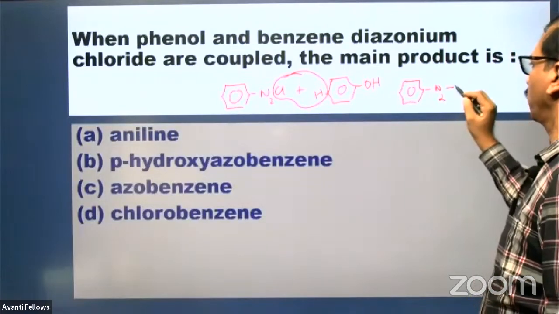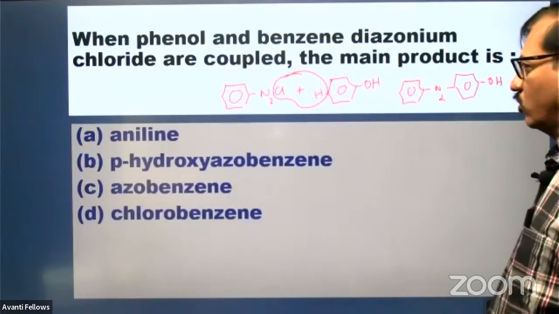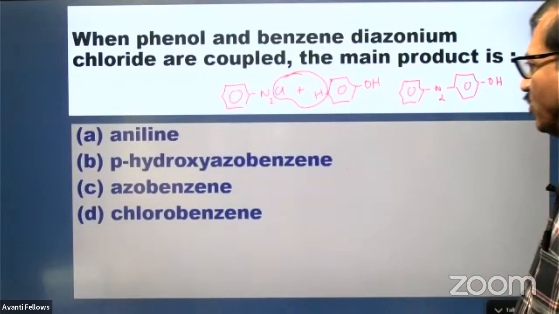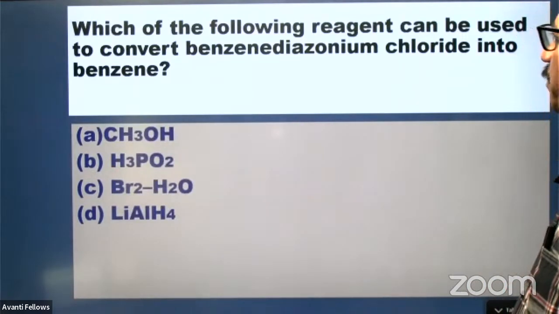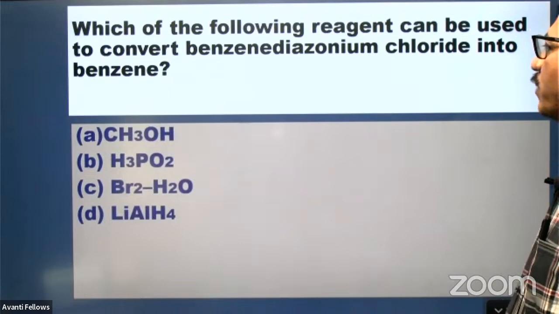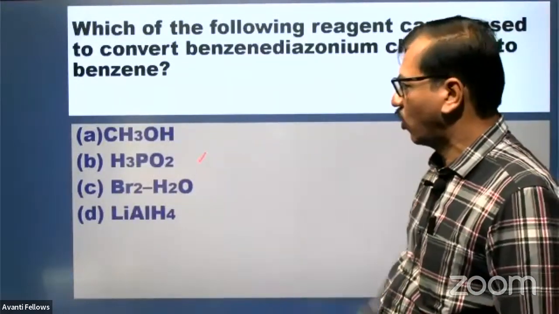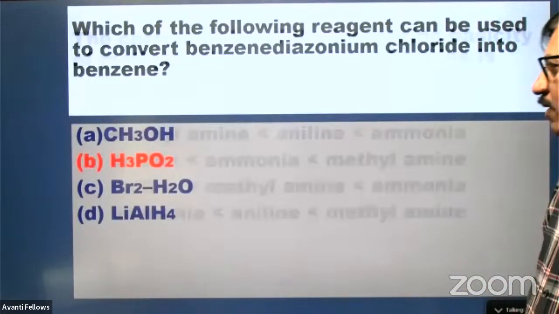This is N2 and OH, so this is p-hydroxyazobenzene. P-hydroxyazobenzene is formed. Which of the following reagents can be used to convert benzene diazonium chloride into benzene? There are two reagents: one is this and another is ethyl alcohol, H3PO2. But only one thing is being given here.